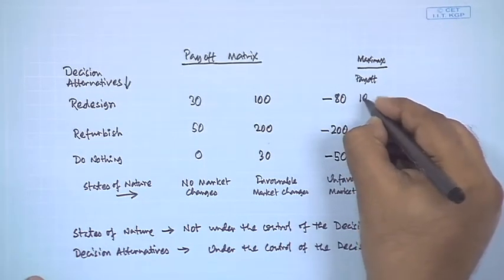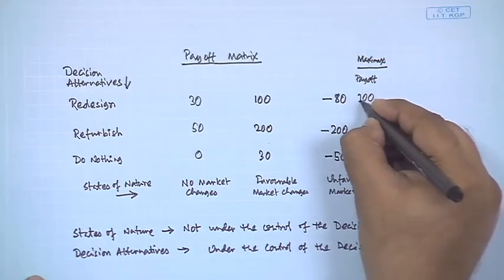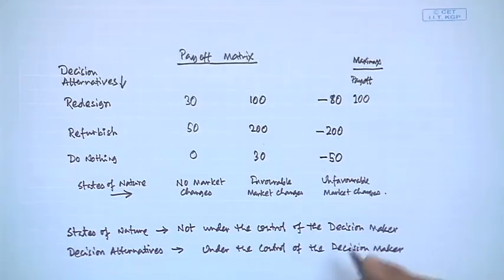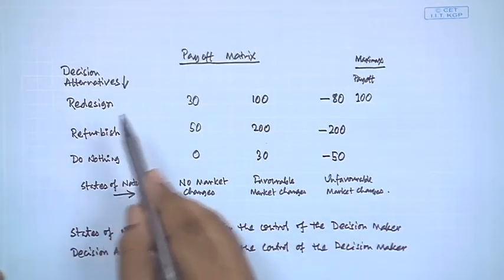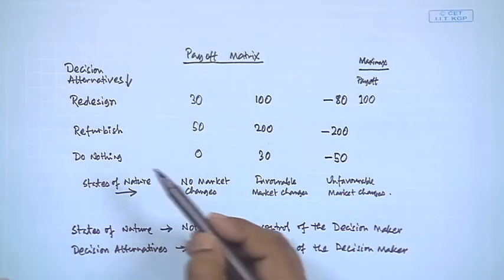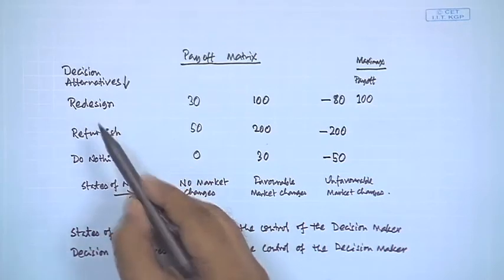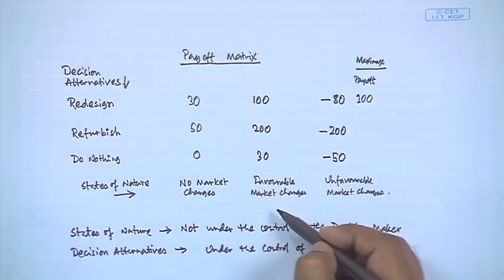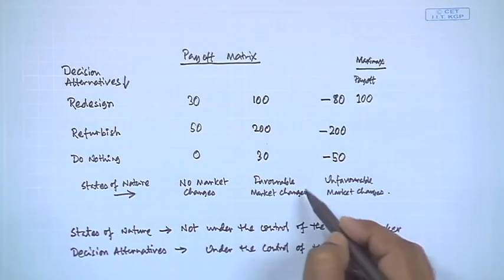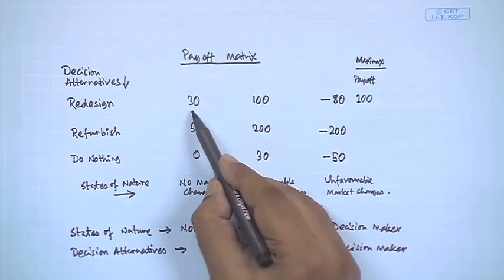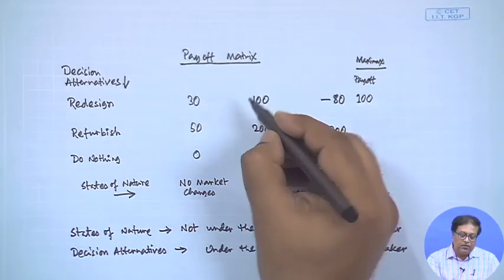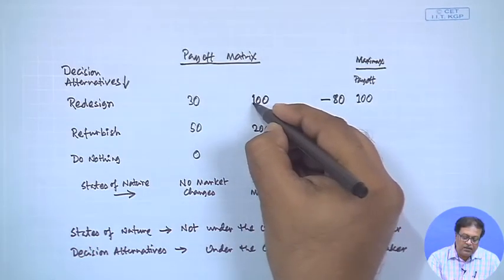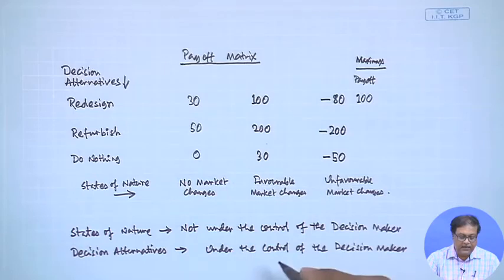Why 100? Because the Maximax operator thinks that the best state of nature would happen for a particular decision. So, if he goes for redesign, the best possible state of nature is favorable, because out of these 30, 100 and minus 80, 100 is the maximum. So, the maximum payoff the person may get is 100.